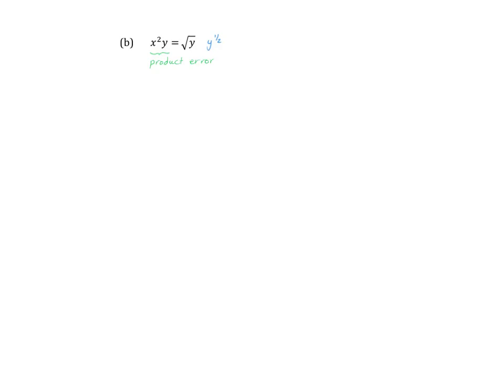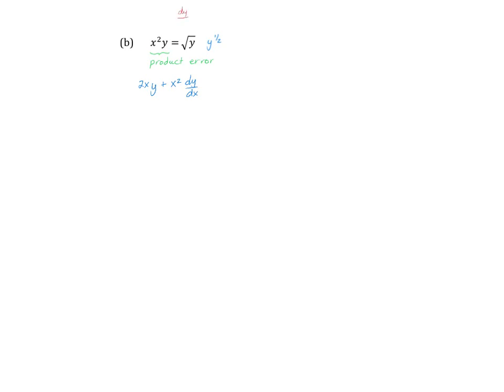So if I had to take the derivative on the left-hand side, I'm going to take the derivative of x squared, keep the y, plus keep the x squared, take the derivative of y. Okay? That's going to be 2x, keep the y, plus keep the x squared, the derivative of y is dy dx. Now just a note that you don't have to use dy dx.